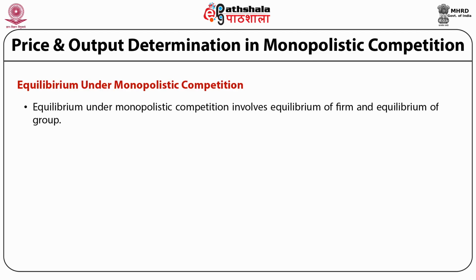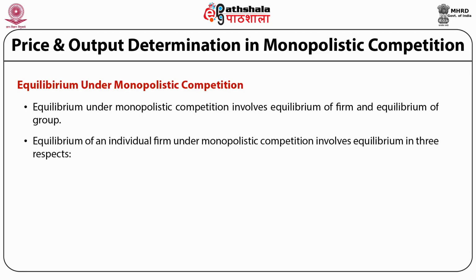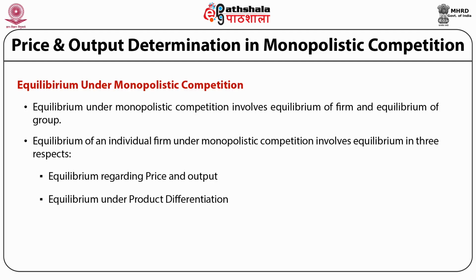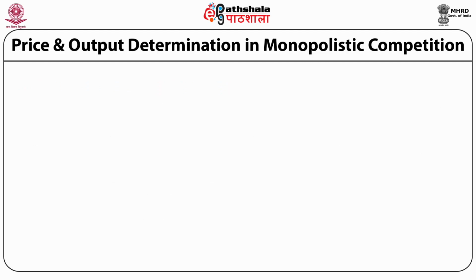Equilibrium under monopolistic competition involves equilibrium of firm and equilibrium of group. Equilibrium of an individual firm involves equilibrium in three respects: equilibrium regarding price and output, equilibrium under product differentiation, and equilibrium with selling cost.